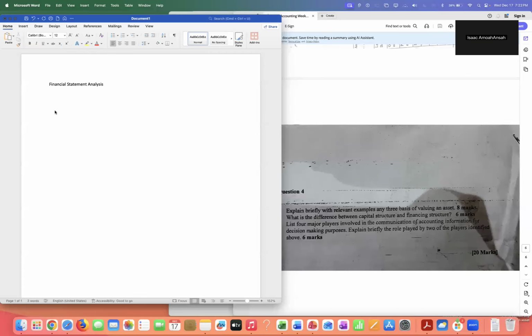Their role is to review or verify the financials and then ensure that the organization is complying with the set standards, right? So the role of external auditors or independent auditors is to verify financials to ensure compliance.